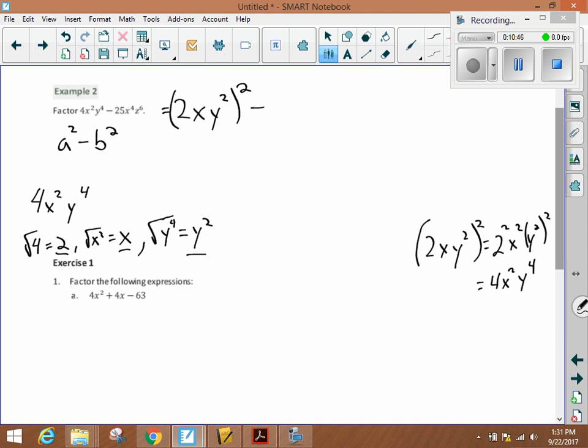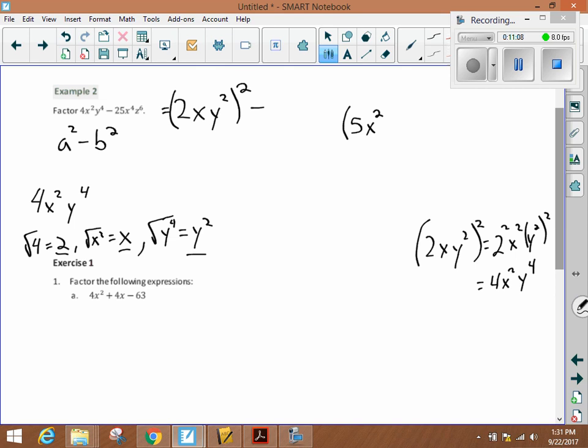So that's a minus b. I need to figure out what my b is. What is the b? Well, what is square root of 25? It is 5. What is square root of x to 4th power? It is x squared. I am simply dividing.